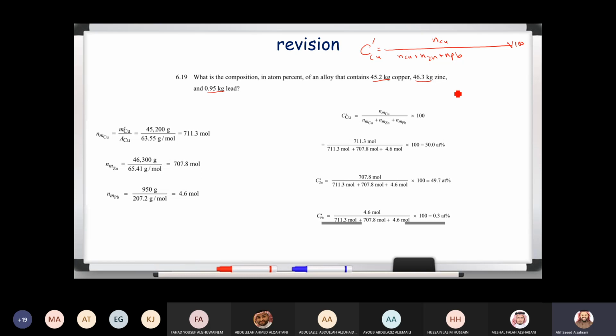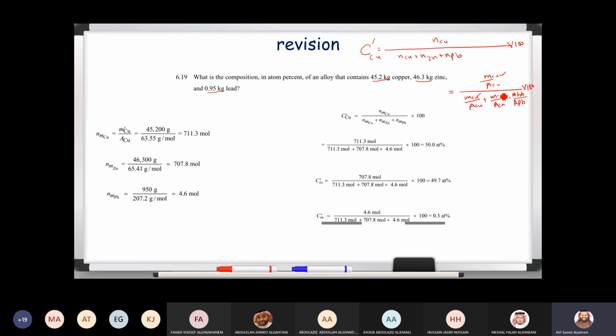And we know that the N is basically the mass over atomic weight. So mass of copper over atomic weight of copper, plus the mass of zinc over atomic weight of zinc, plus the mass of lead over atomic weight of lead, times 100.